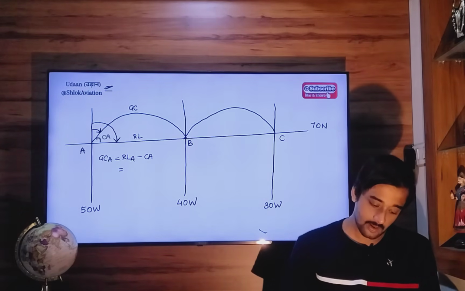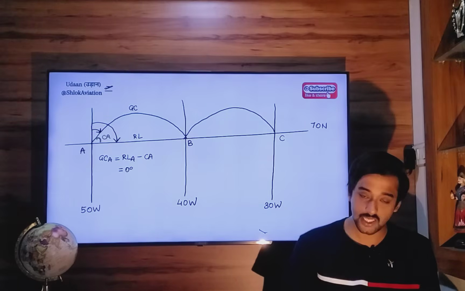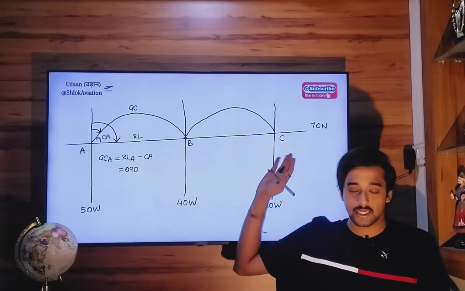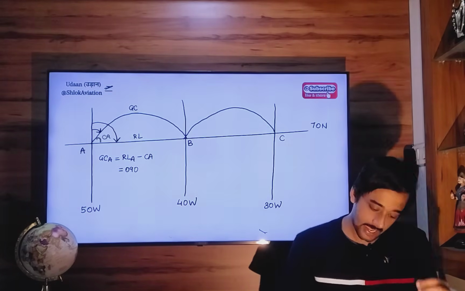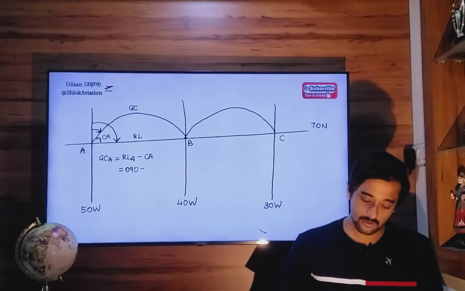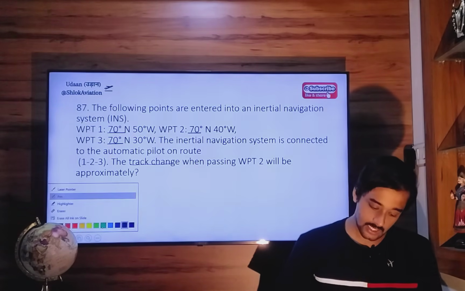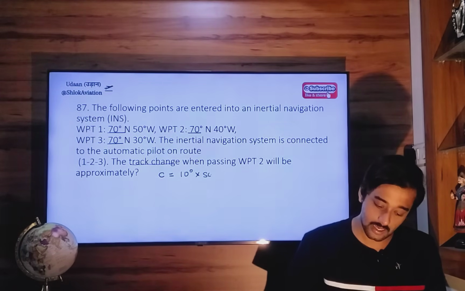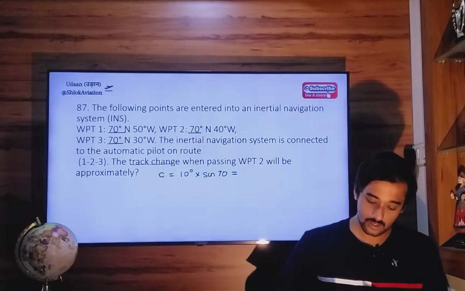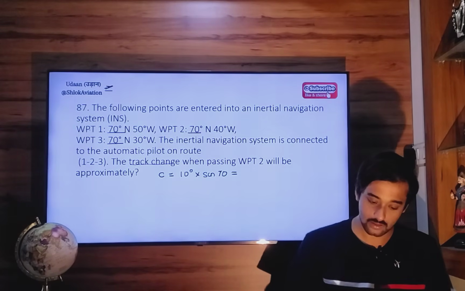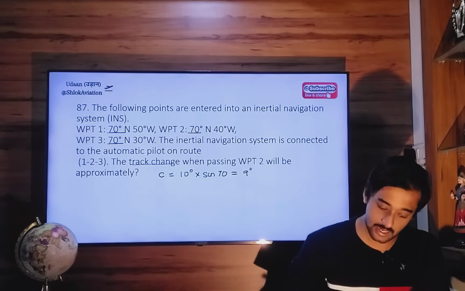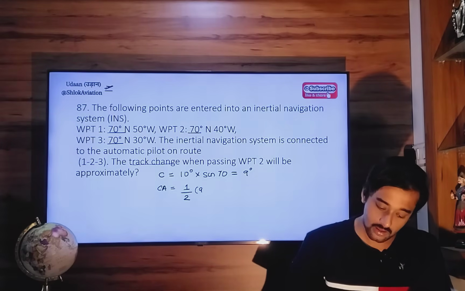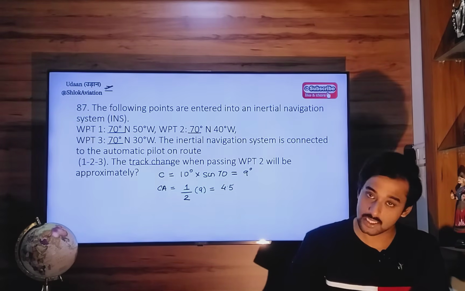So rhumb track at A is 090 or 0. You're going from A to B in the easterly direction. Now what is convergency here? Convergency is 10 degrees into sine 70. It's 9 degrees 23 minutes or approximately 9 degrees. So convergency angle will be half of 9, that is 4.5 degrees.